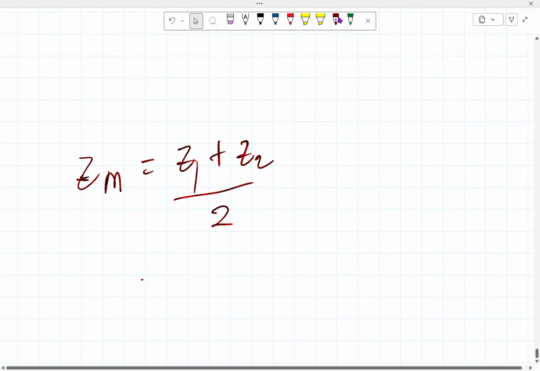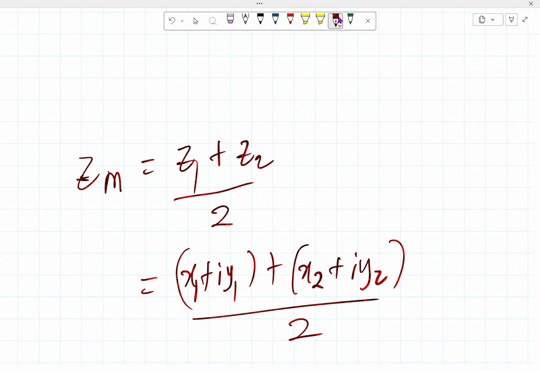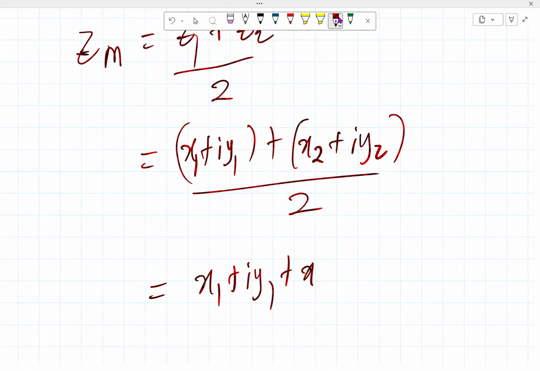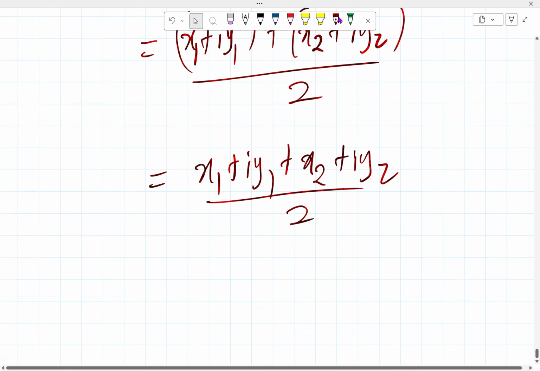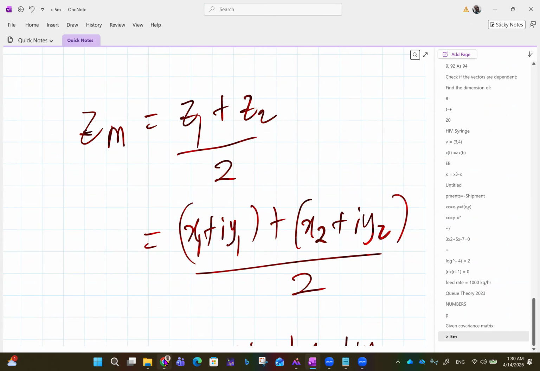Because we know that Z1 is x1 plus iy1, then plus x2 plus iy2, all over 2. If you put it all together, you have x1 plus iy1 plus x2 plus iy2, all over 2.